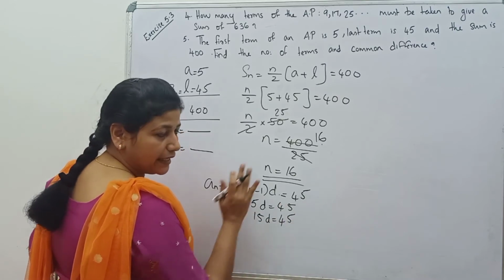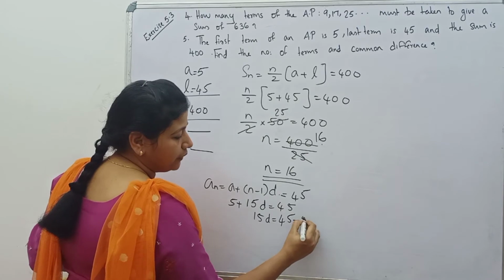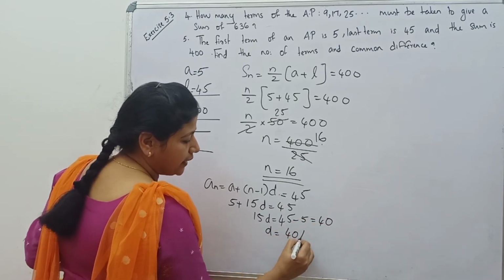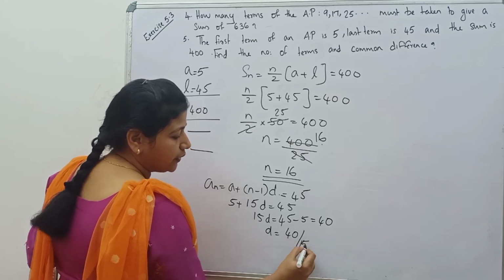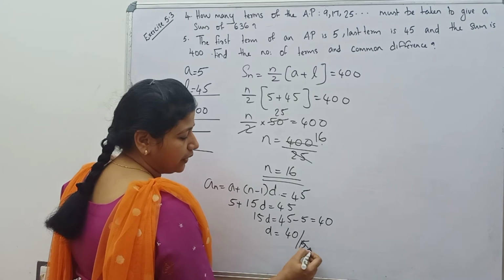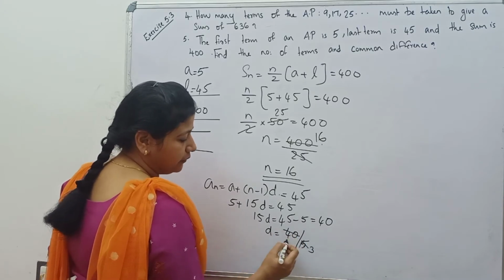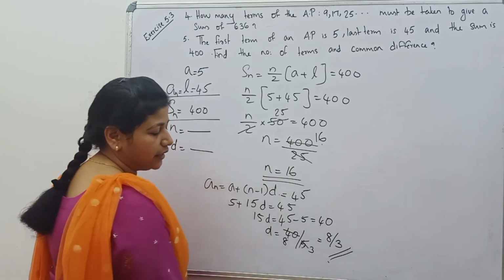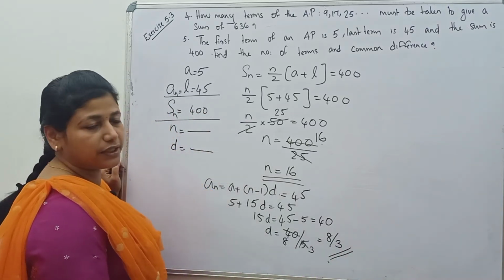This 5, if you are taking to that side, you will get 45 minus 5, which is equal to 40. So d equal to 40 by 15. You can cancel 40 and 15 by 5. In 15, 5 will go 3 times, and in 40 it is 8 times. So you will get the common difference as 8 by 3. Common difference 8 by 3.